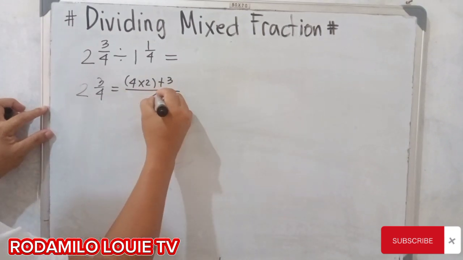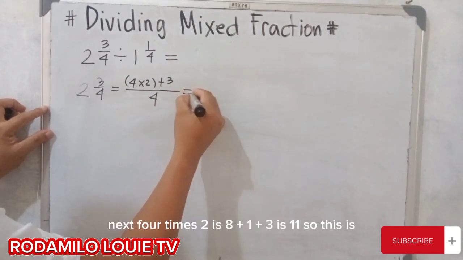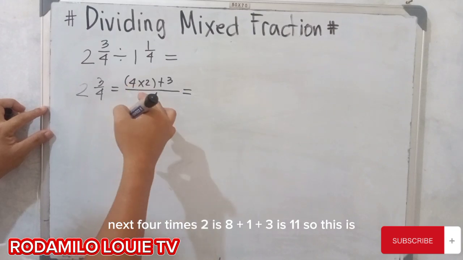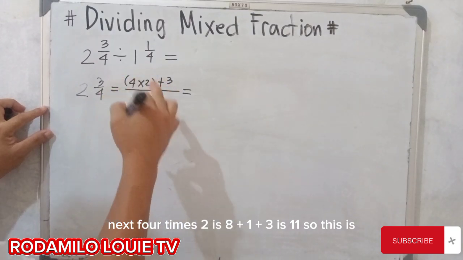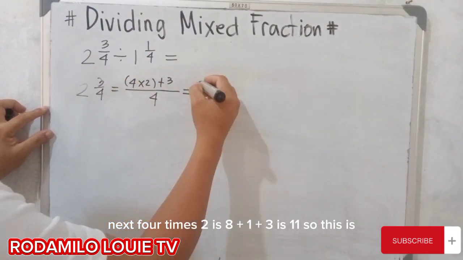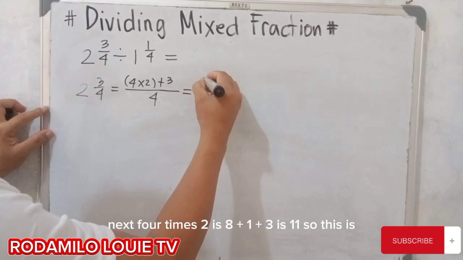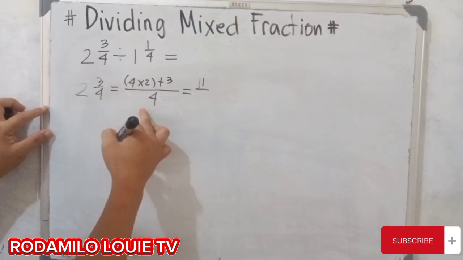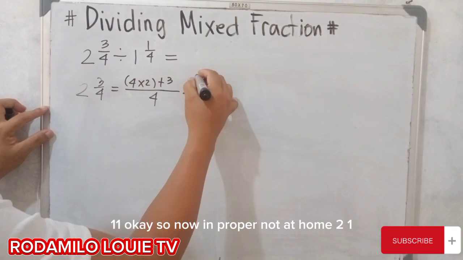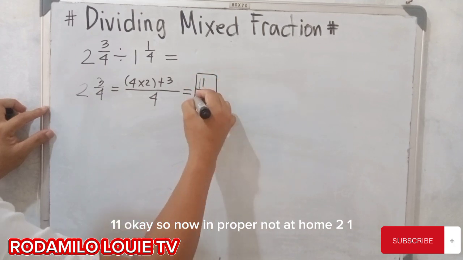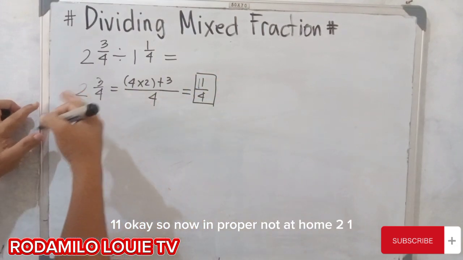Copy the 4. Next, 4 times 2 is 8 plus 3 is 11. So this is 11 over 4. Now our 2 and 3/4 is improper.